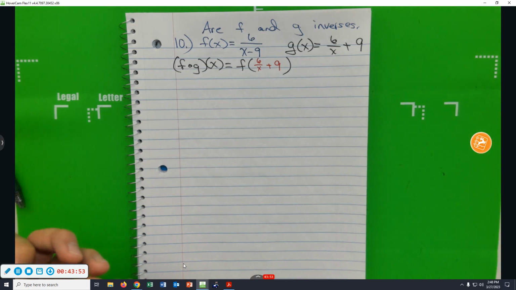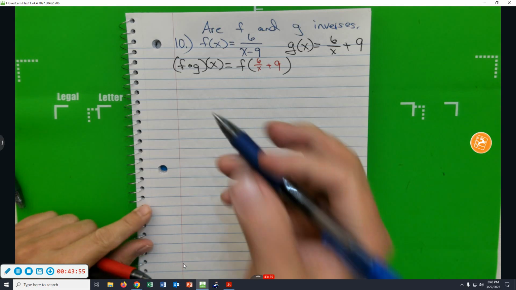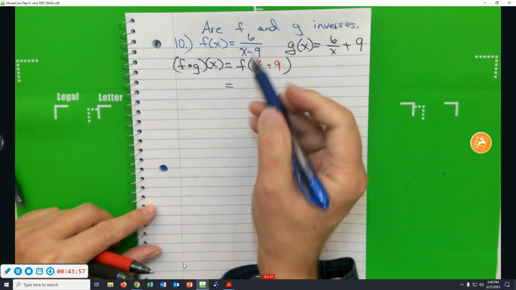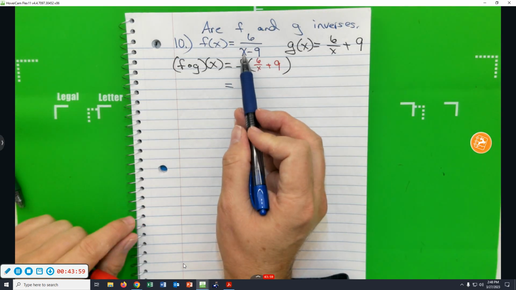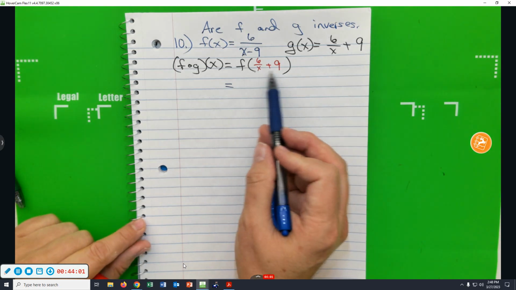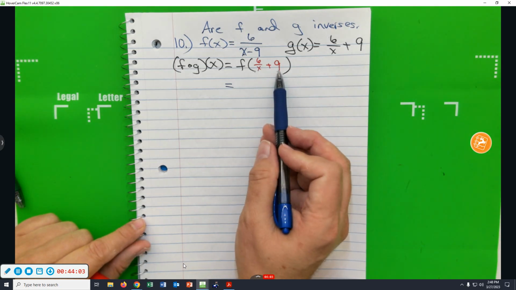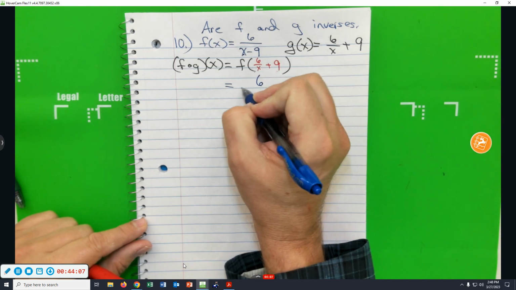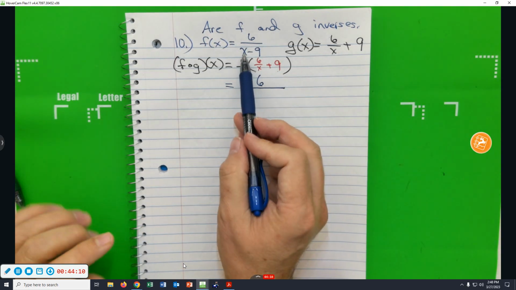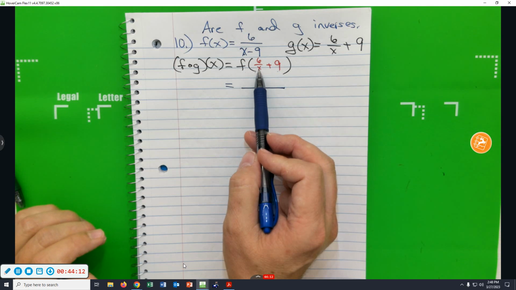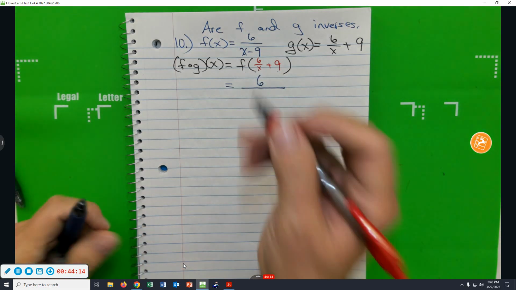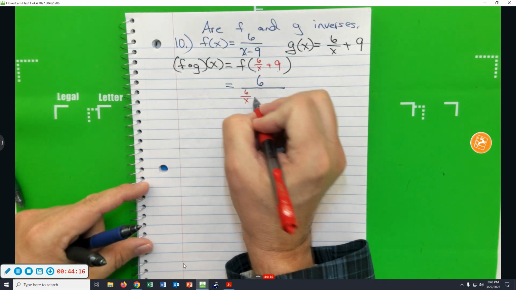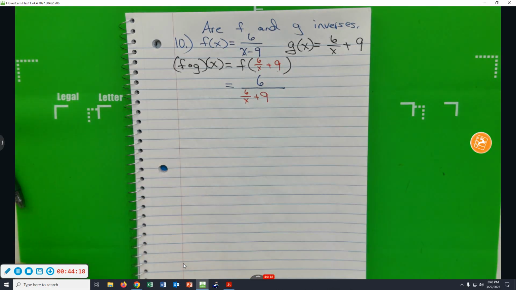So that says go to f. It's going to get messy. I hate to say this. We're going to replace that little blue x with this 6 over x plus 9. So we have 6 over, we're replacing that x with the stuff in the parentheses, 6 over x plus 9. What else do we have there in the bottom? Minus 9.